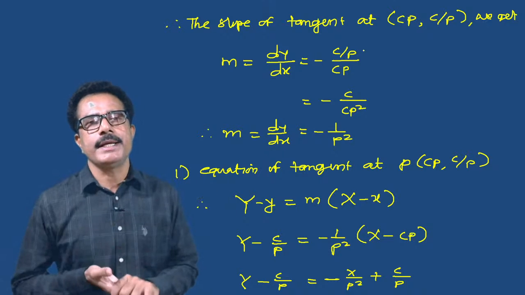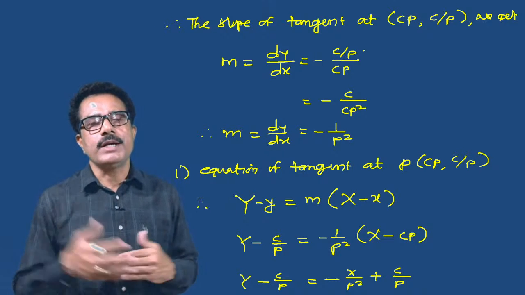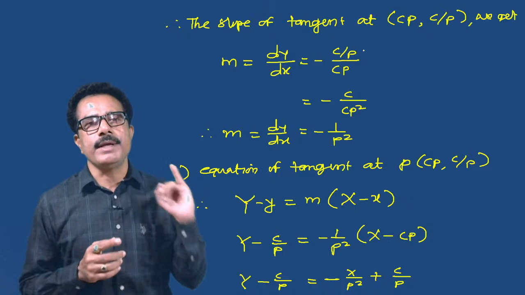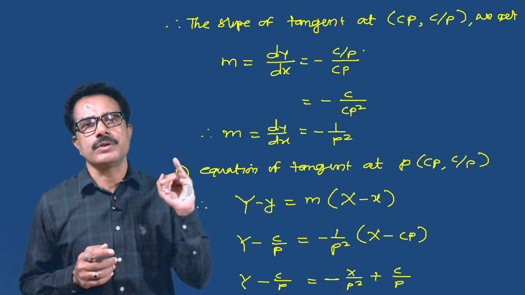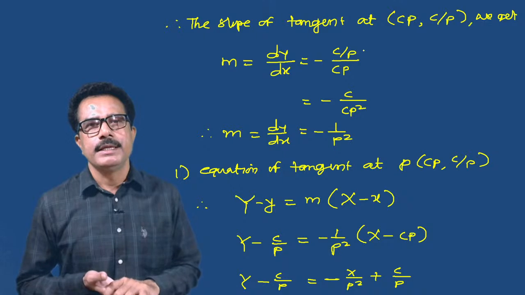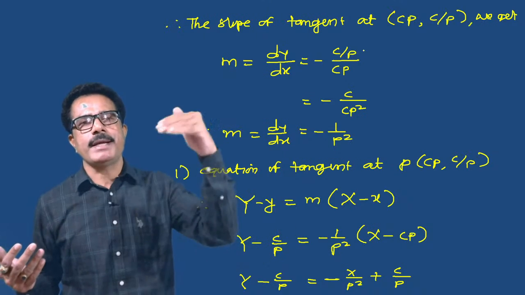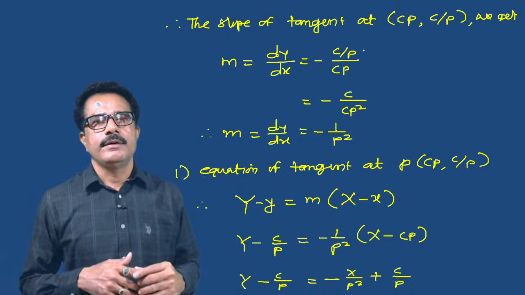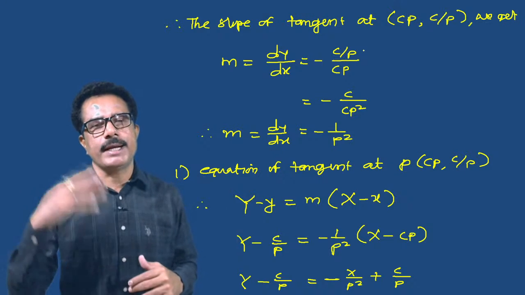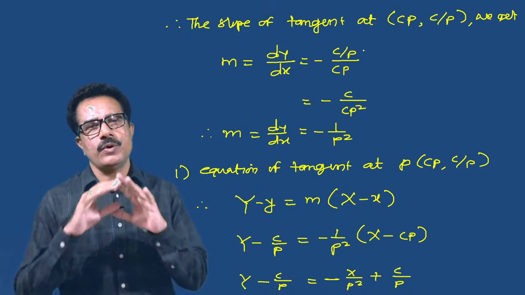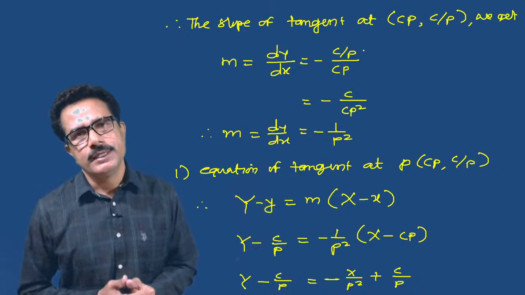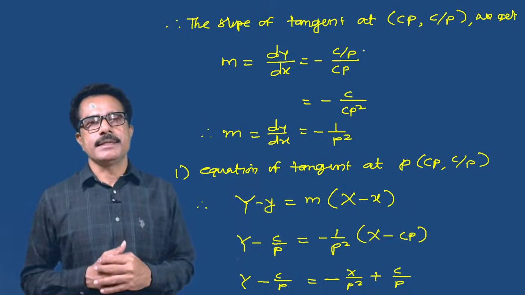According to the dy by dx, we have to find the slope of a tangent, that is m is equal to dy by dx is equal to f dash of x. Then use that formula: equation of a tangent is capital Y minus small y, which is equal to m in a bracket capital X minus small x. So solve this equation, then we get the equation of a tangent.